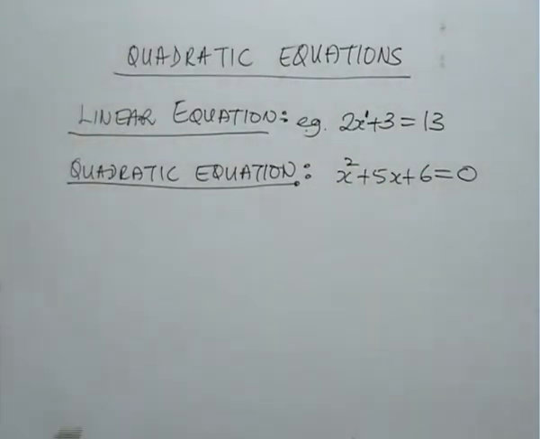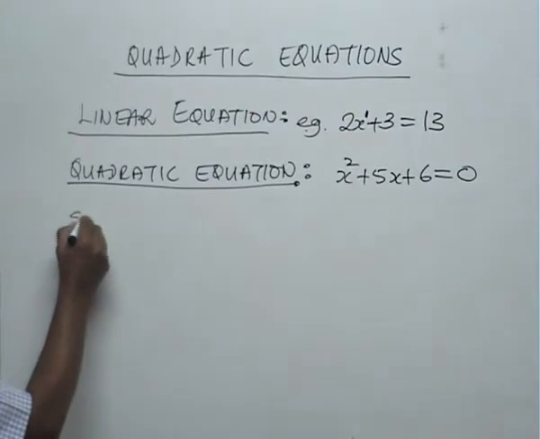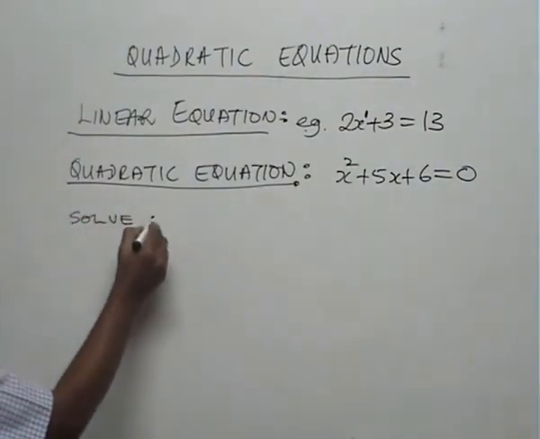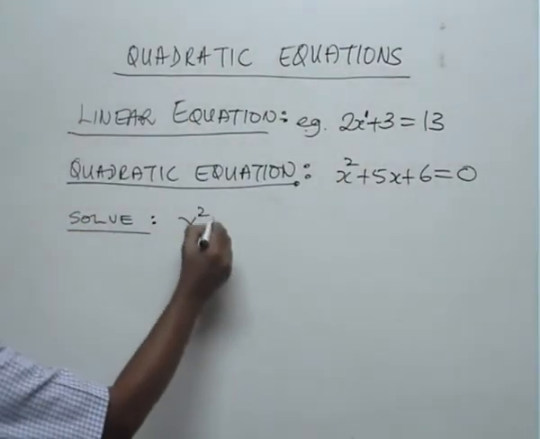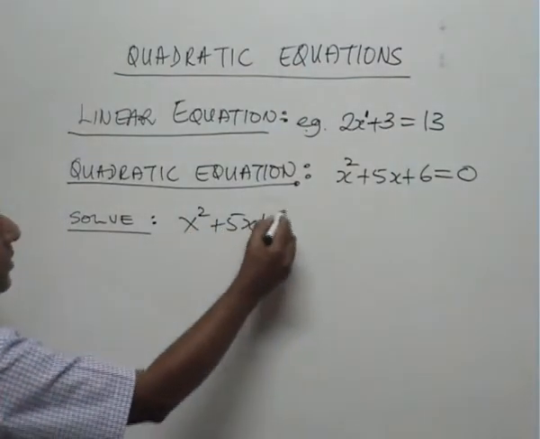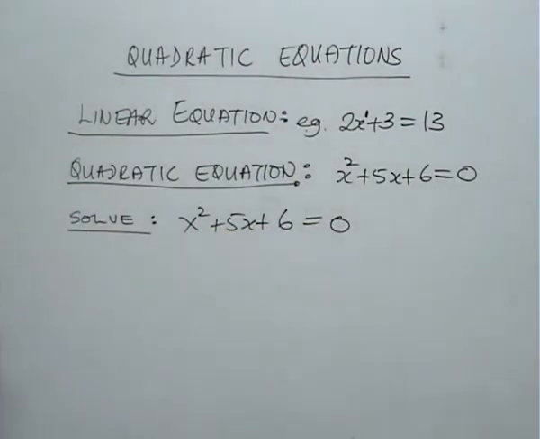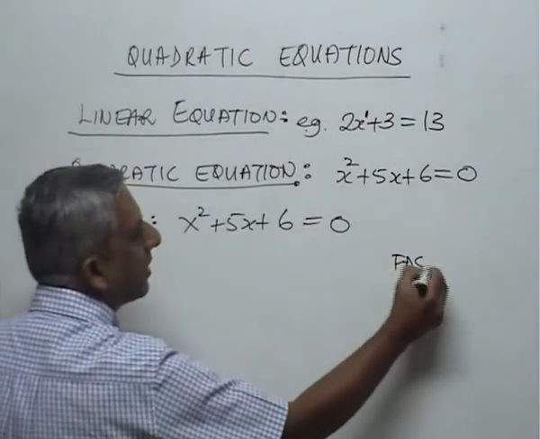Right, now let's see how we solve quadratic equations. Suppose I said solve x squared plus 5x plus 6 is equal to 0. So firstly you will see that this is a quadratic equation because it's got an x squared, and therefore you have to factorize.